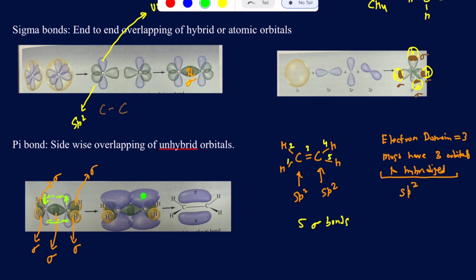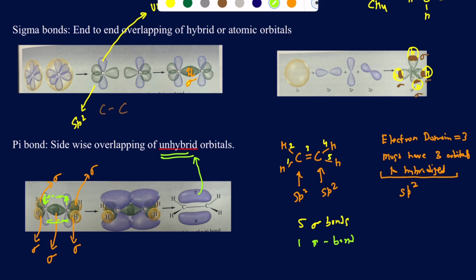This sidewise overlapping region is where your bond is formed. That sidewise overlapping of unhybridized orbitals is what makes the pi bond. So in the double bond, you will have one pi bond.